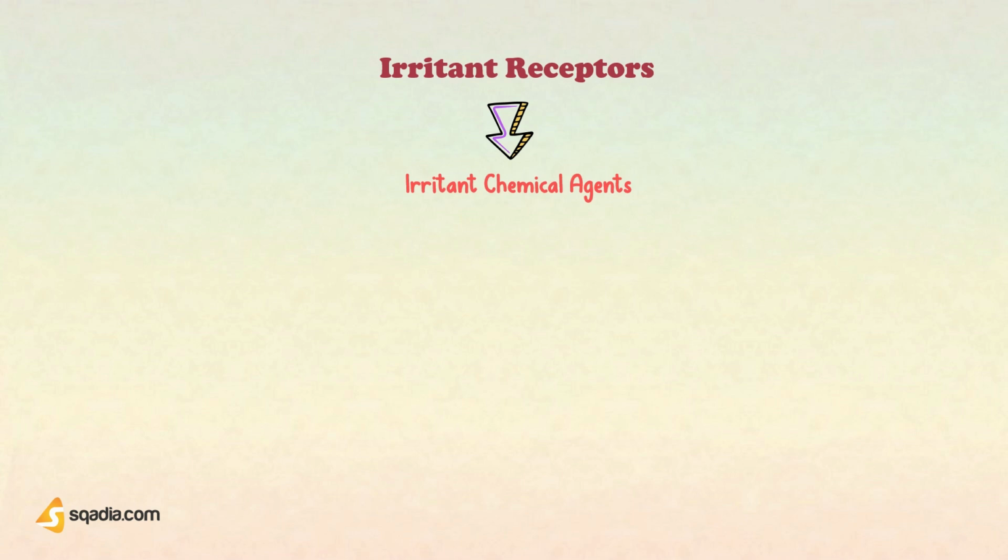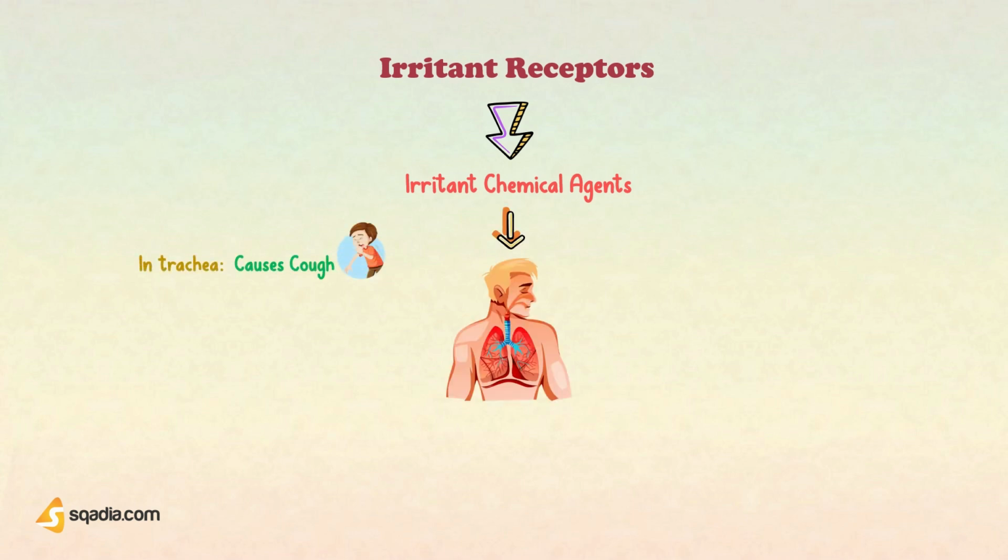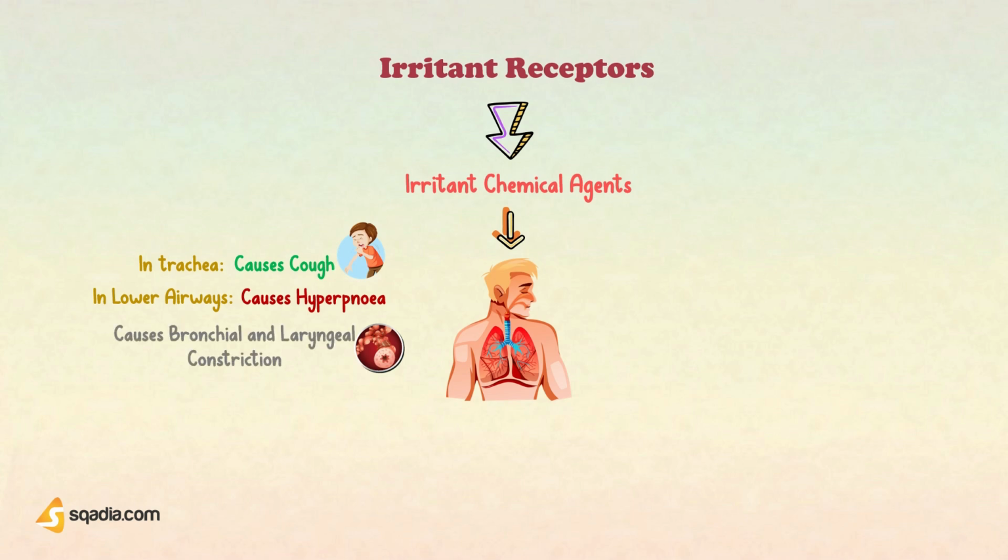These are located throughout the airways between epithelial cells. What they do is that in the trachea they cause cough, and in the lower airways hyperpnoea or rapid breathing. Stimulation also causes bronchial and laryngeal constriction.